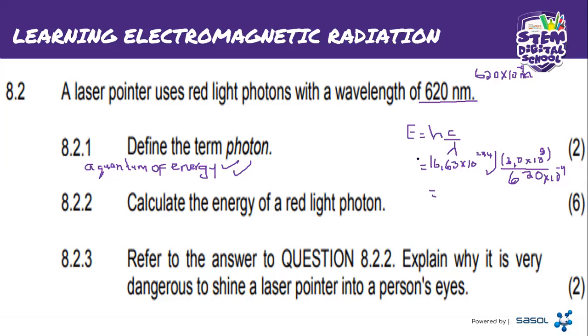And we will multiply that by 3 multiplied by 10 to the power of 8. We will divide that by 620 multiplied by 10 to the power of negative 9 altogether.